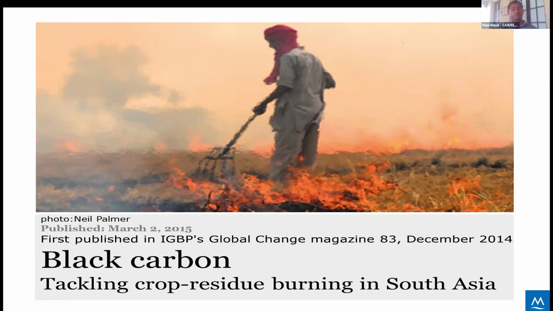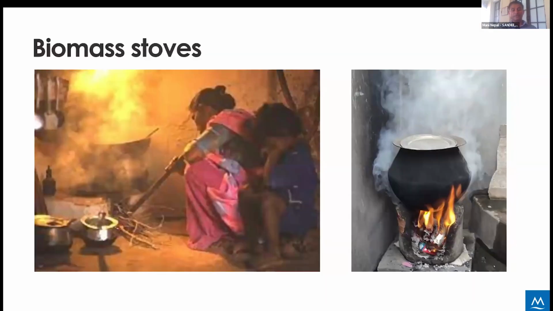For example, after rice, they start wheat, and they have a 15 days or so window for clearing the lands, and this is the cheapest option for them. But it has consequences. It has externalities. It has all the pollution that we face during November, December, or in March, April. It is one of the reasons, not the only reason, but one of the major reasons in the region.